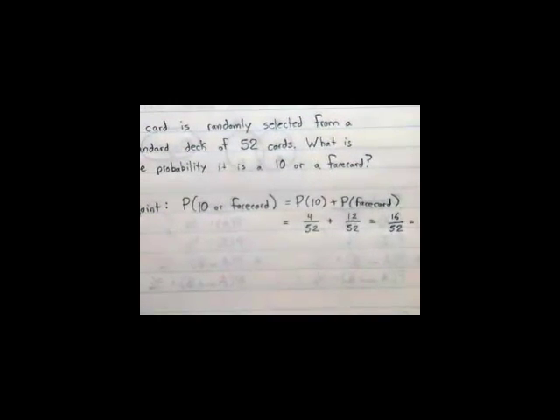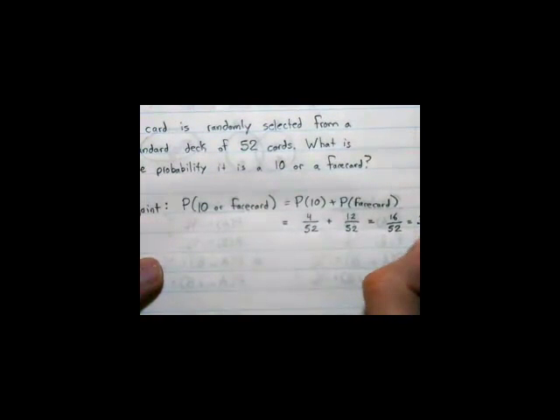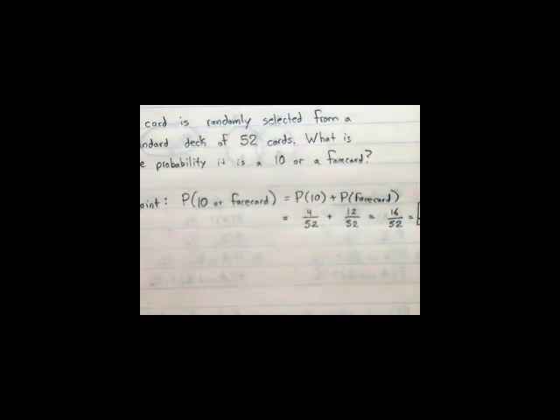So let's get that as a percentage here real quick. What is 16 out of 52? Okay. So because of this disjoint, just add the two probabilities. Nothing to subtract. You're good.